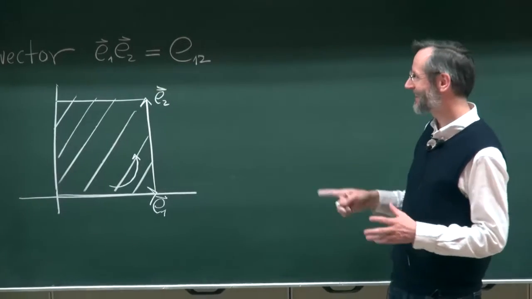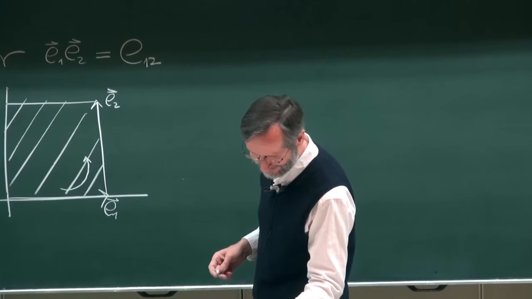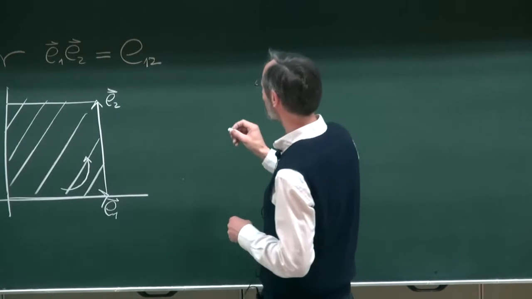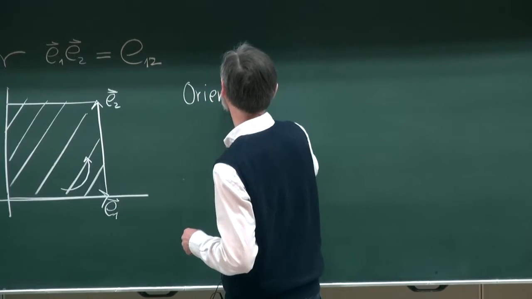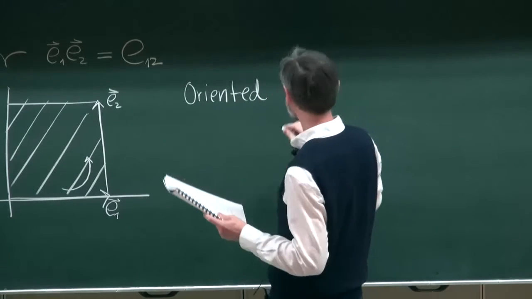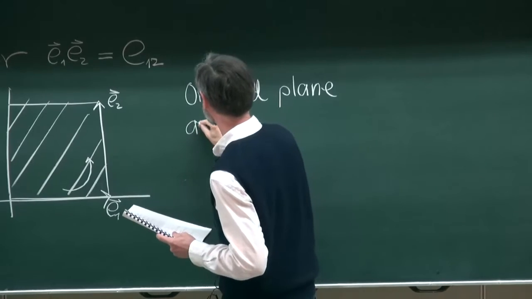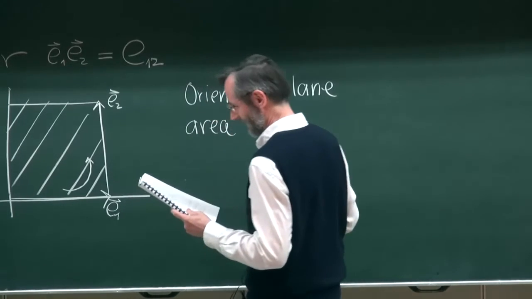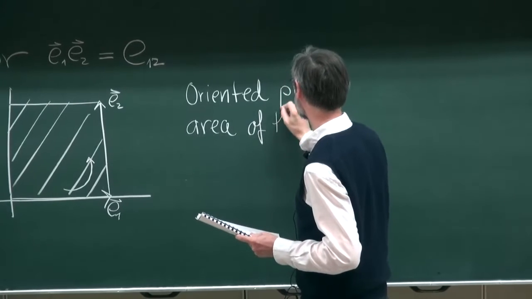Okay, now maybe I should even put it into writing. So in writing it is the oriented plane area of the square. It's a square as you see.